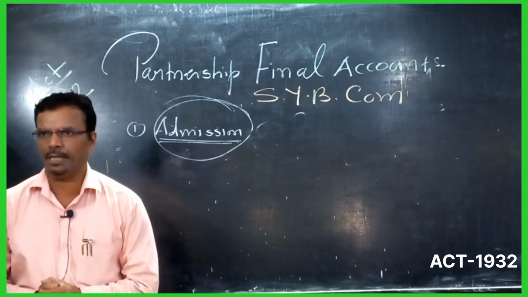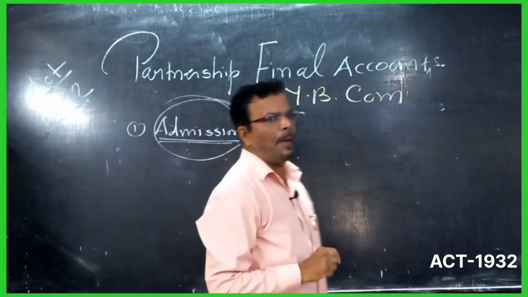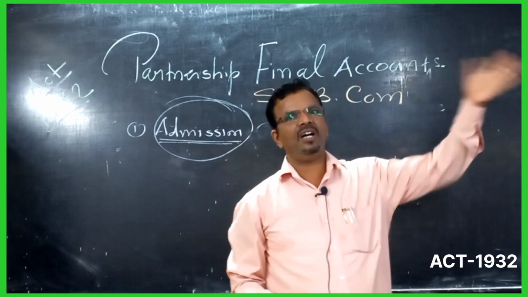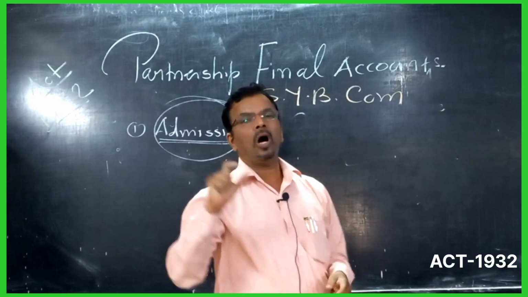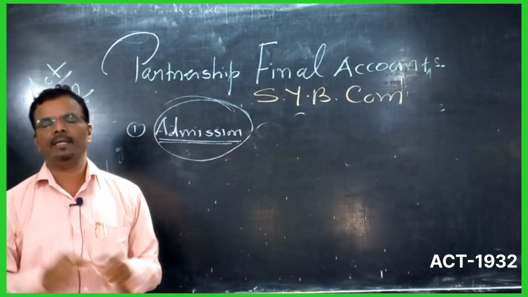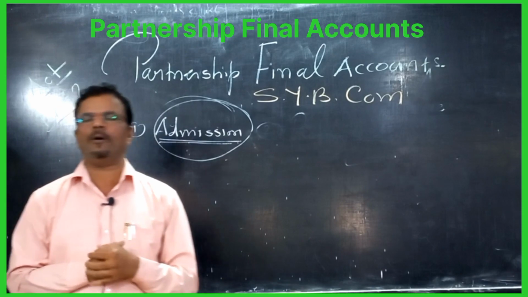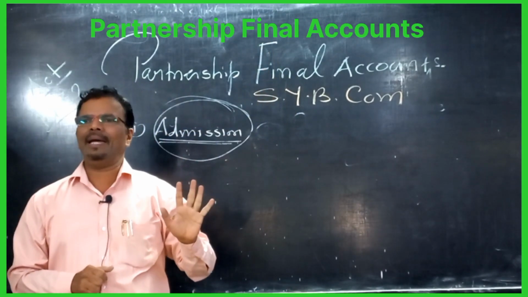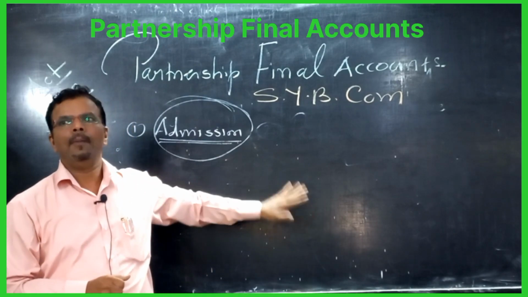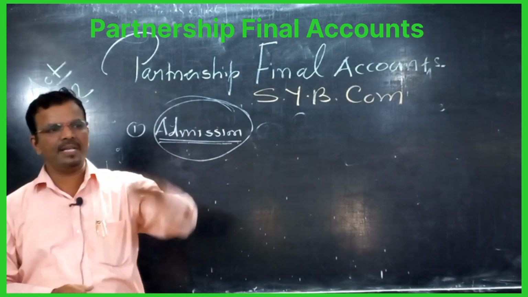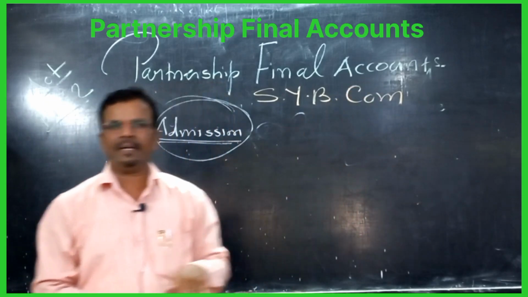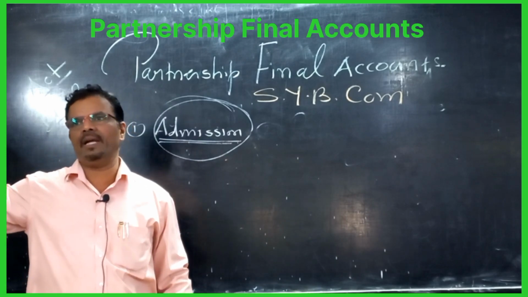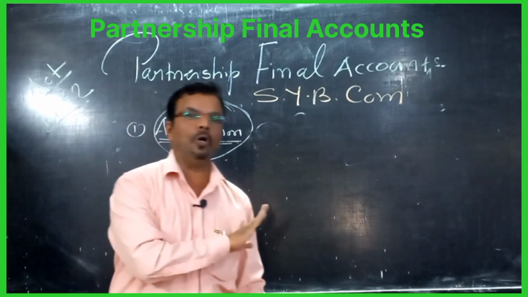In case of admission, suppose the partner is admitted on the first day of the financial year or the last day of the financial year, there will be no change in the format of profit and loss account.